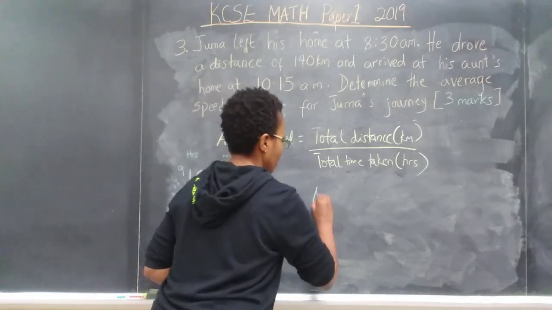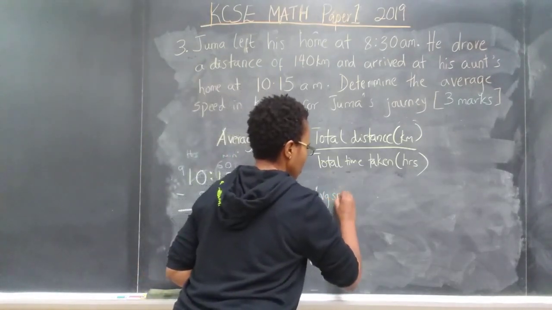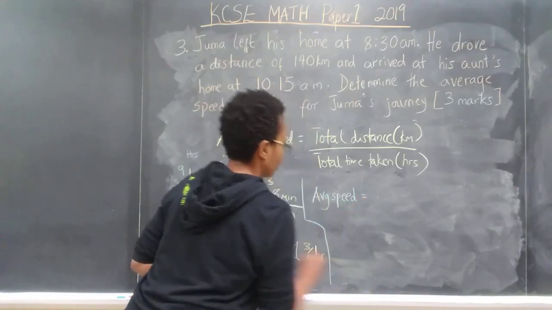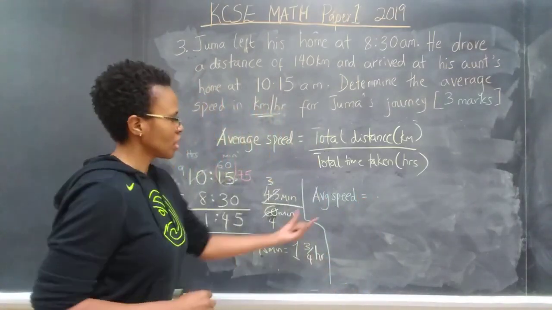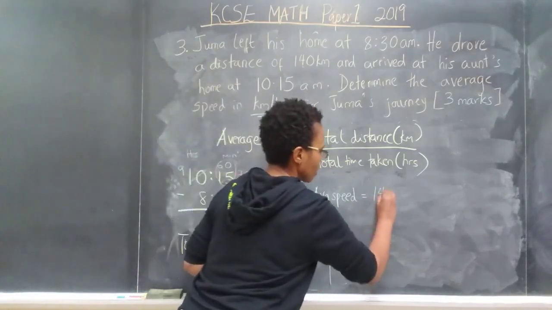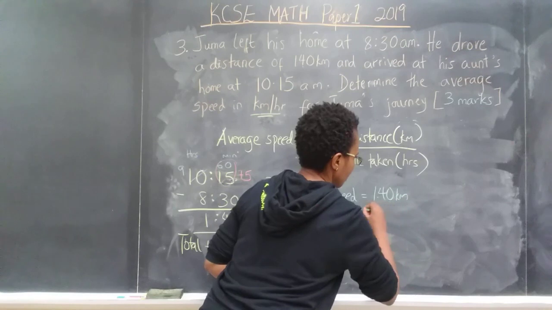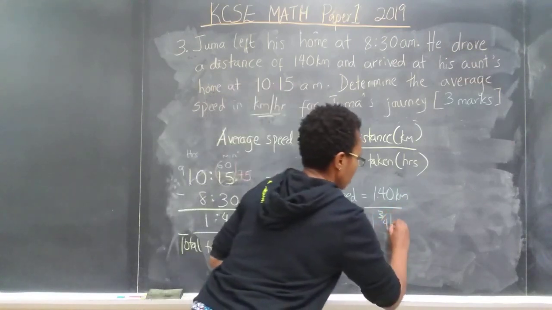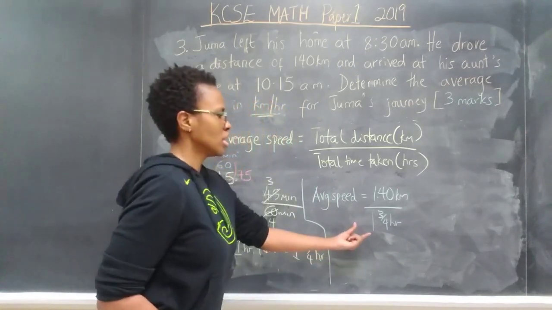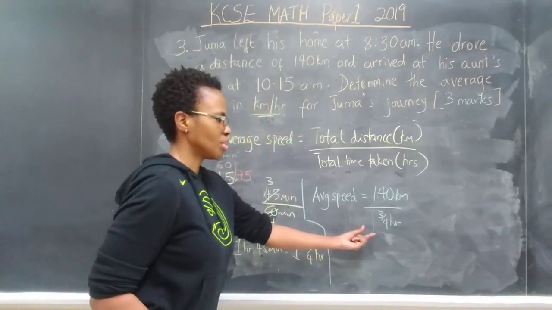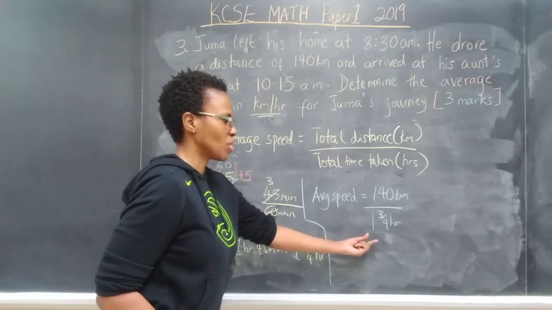So we have that the average speed, let me partition this so that it's a bit clear, is going to be 140 km divided by 1 3/4 of an hour. But 1 3/4 of an hour, we can rearrange into an improper fraction to make it easier to work with.